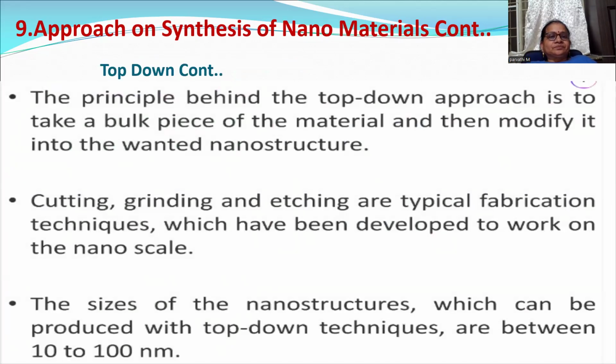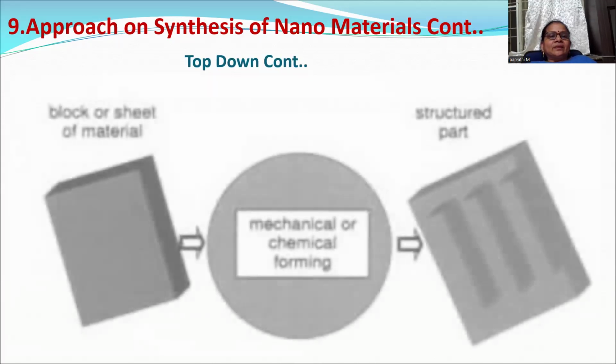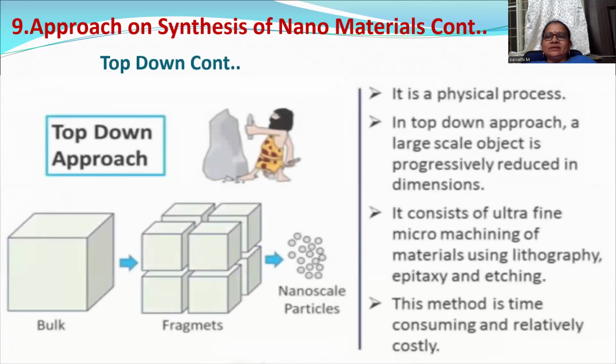So coming to the top-down approach, as bulk material will be cut down into smaller required level. I'm just skipping some of the slides because slides are repeated. Yeah, in top-down approach, a large-scale object is progressively reduced to nanoscale dimensions. It consists of ultra-fine micro machining of materials using lithography, epitaxy, and etching.